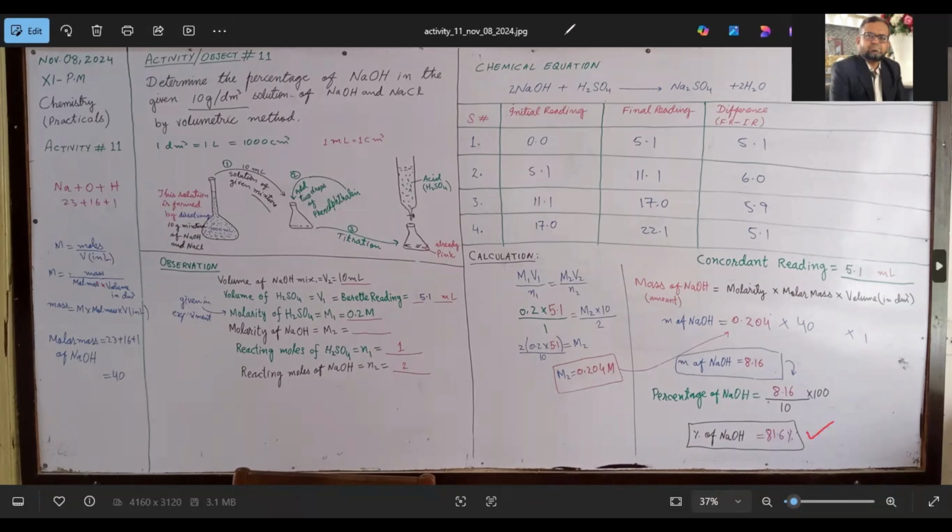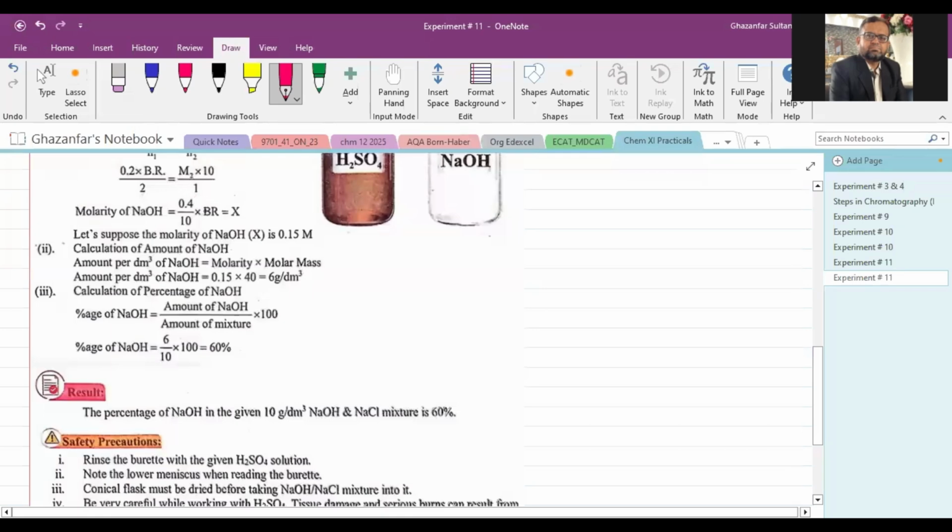Now see, how will you write the result? So we have done all this calculation. That was not for us, it was 0.204 for us.